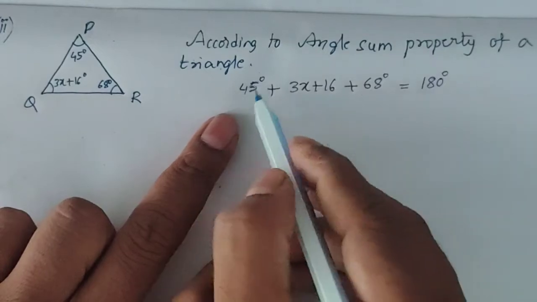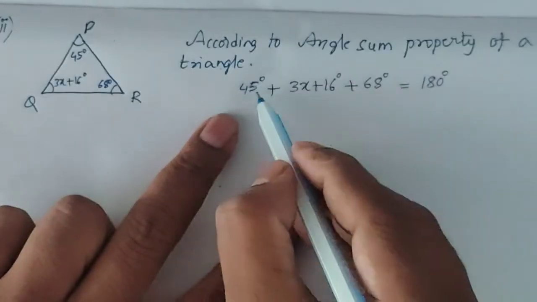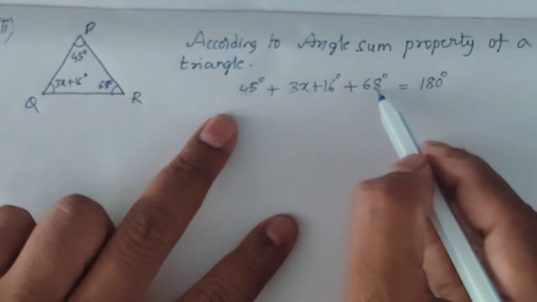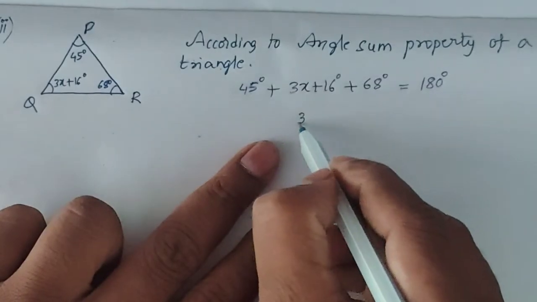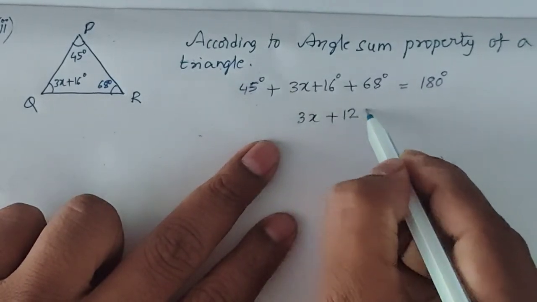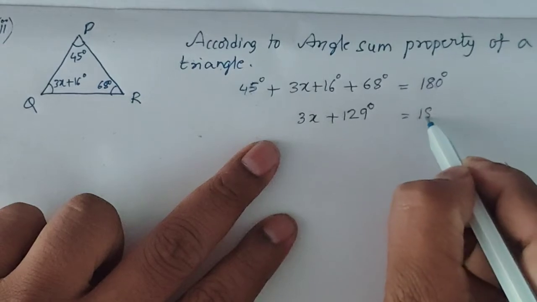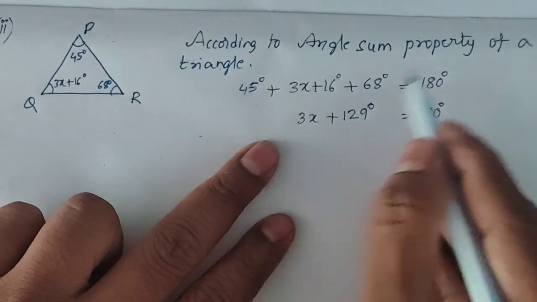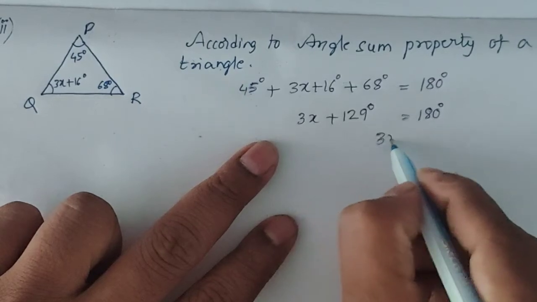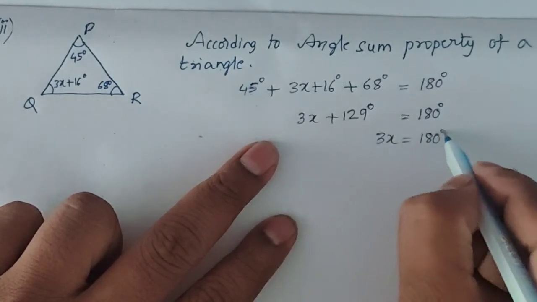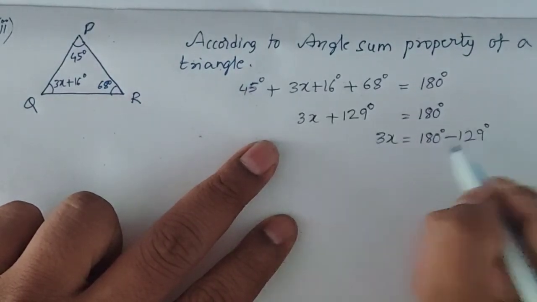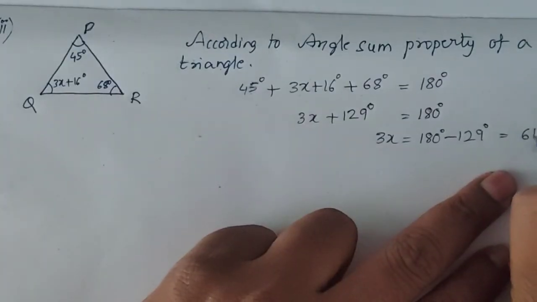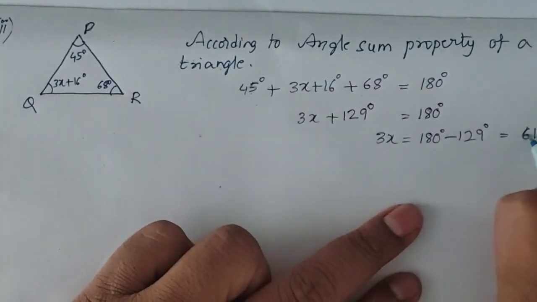So by adding, 45 plus 16 becomes 61, plus 68 becomes 129 degrees. So 3x plus 129 degrees equals 180 degrees. If you transpose this 129 to the right hand side, it becomes 180 degrees minus 129 degrees, which implies 51 degrees.